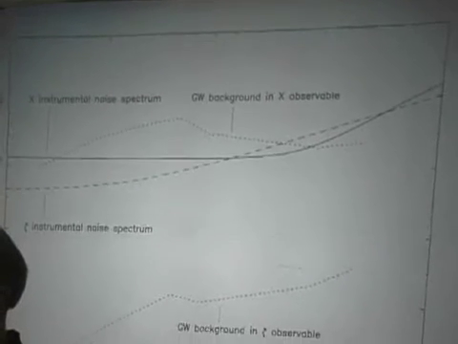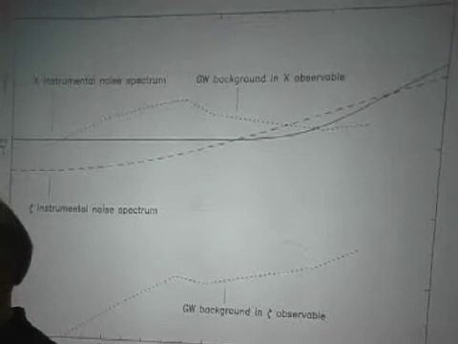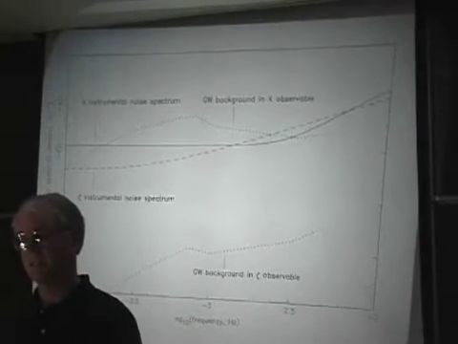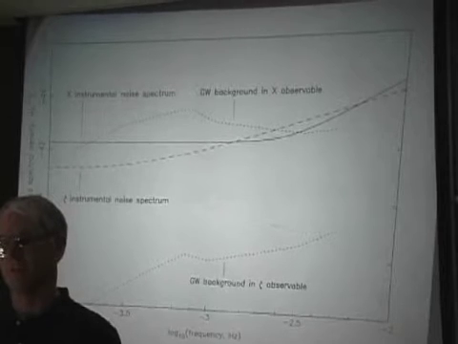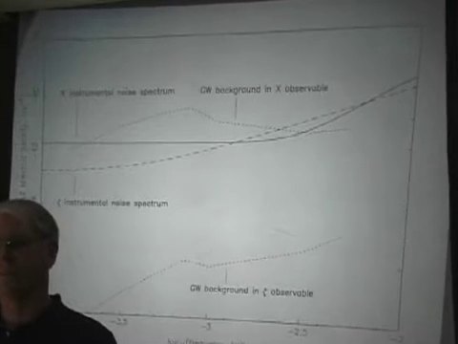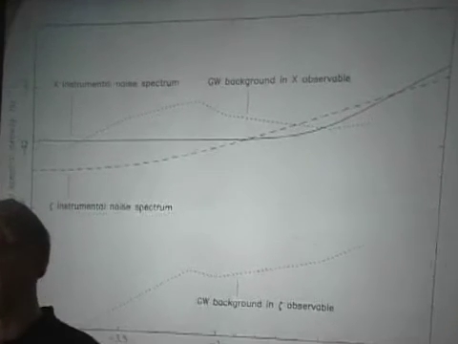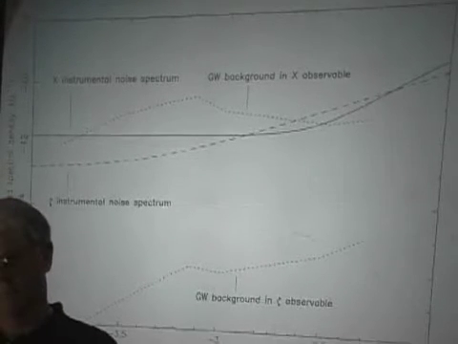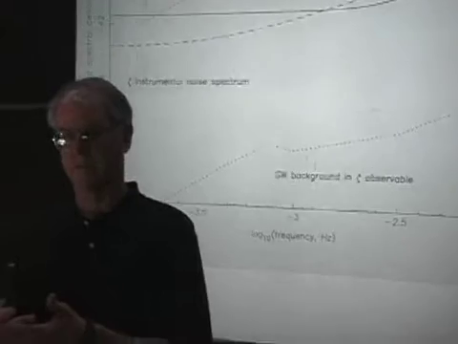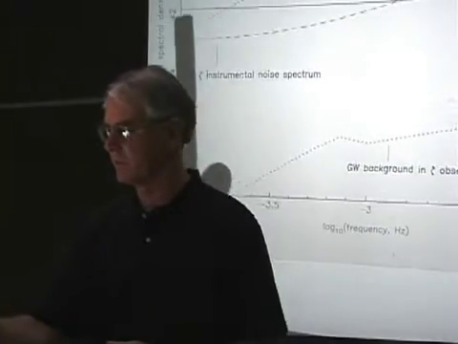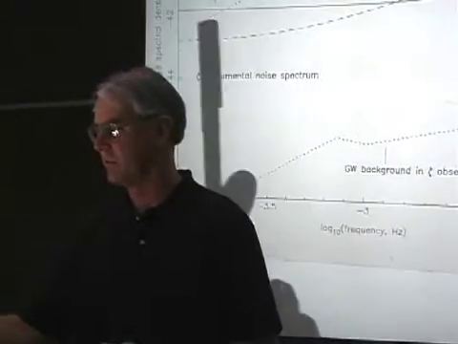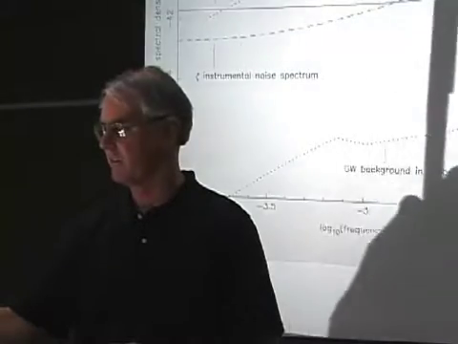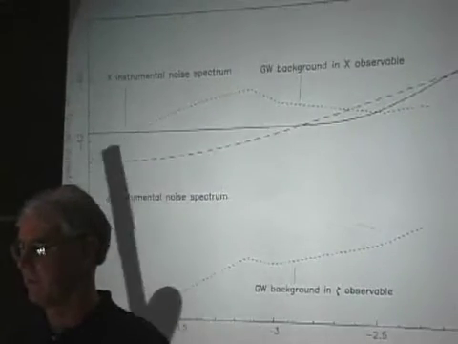And this is a plot from a paper that Massimo Tinto wrote, showing if the only gravity wave sources were confusion limited binaries from the galaxy, and you formed X of t, you Fourier transform it and square it to get a power spectrum. If there were no signal, you just see this, which is the spectrum of the noise. If there were a gravity wave background, this is sort of the guess as to how that might look.